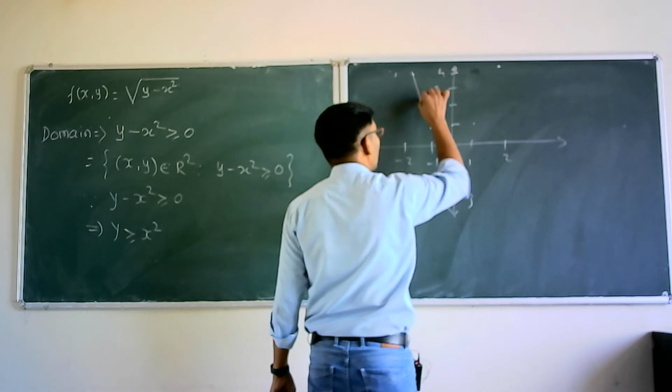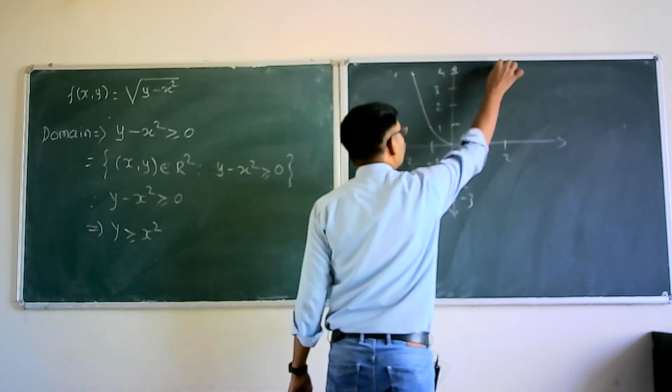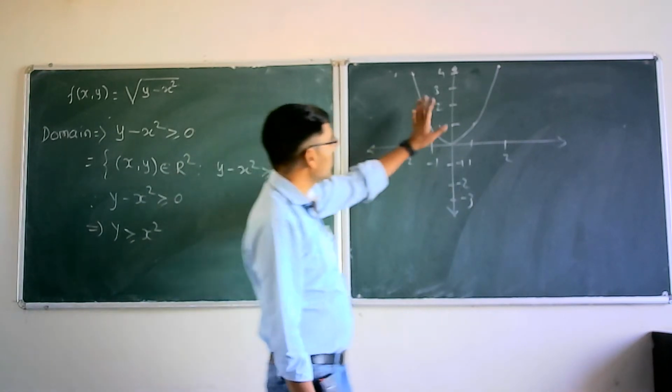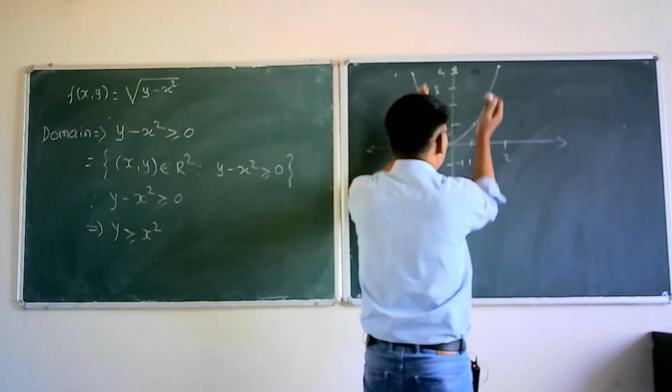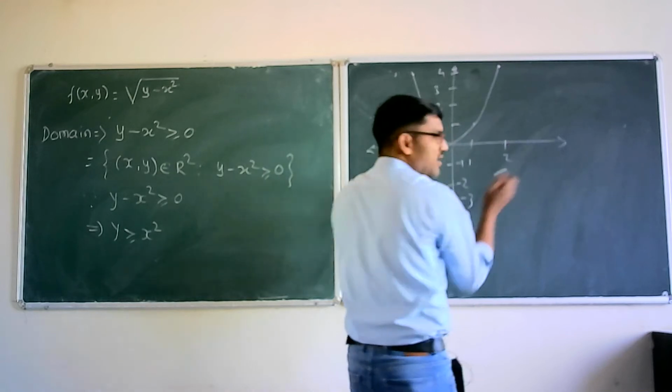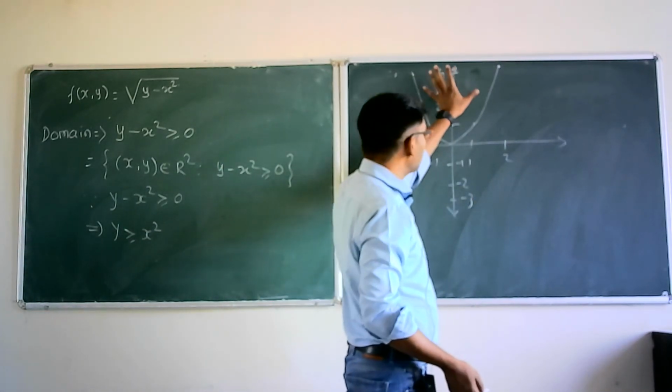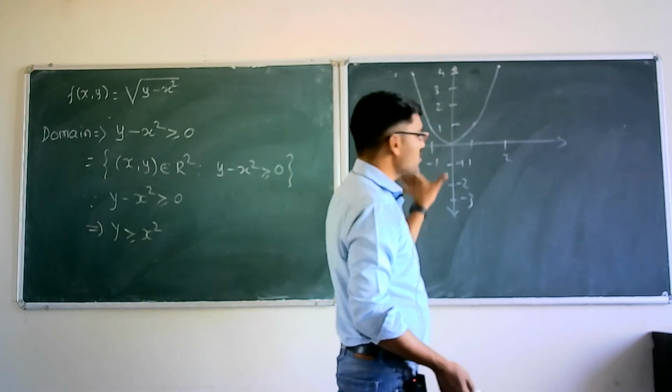If you join these points, you will get this parabola. Due to this parabola, there are two regions: one inside the parabola and one outside. We want to identify whether our points are inside the curve or outside.